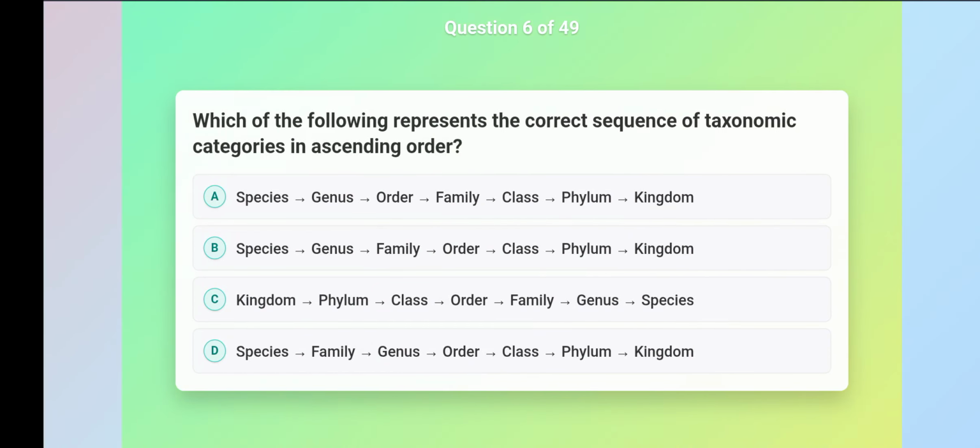Which of the following represents the correct sequence of taxonomic categories in ascending order? Species, genus, family, order, class, phylum, kingdom.